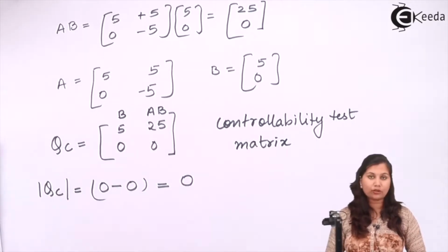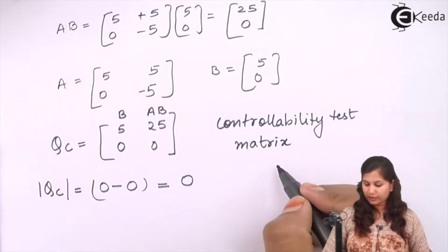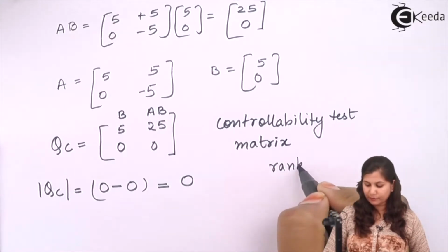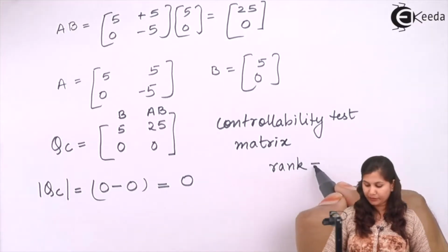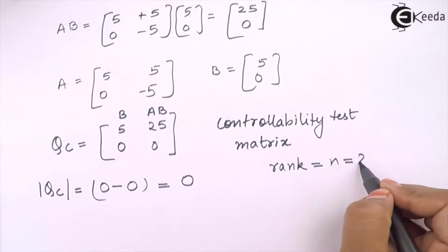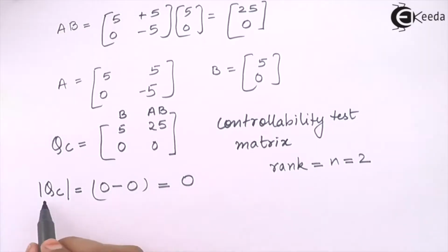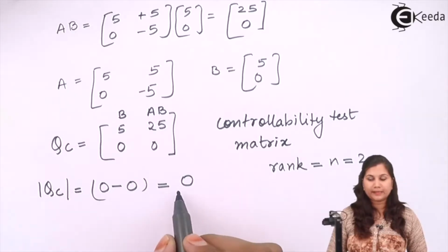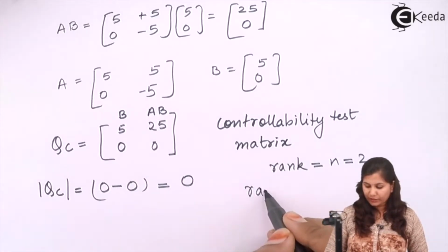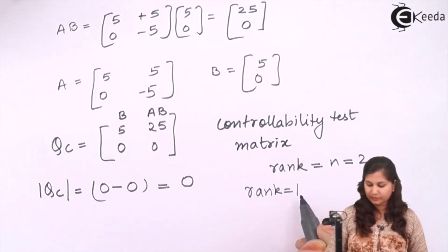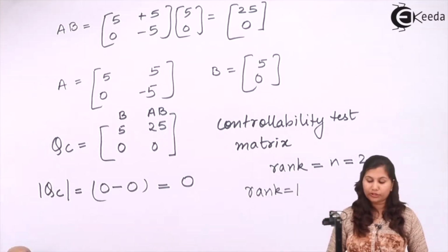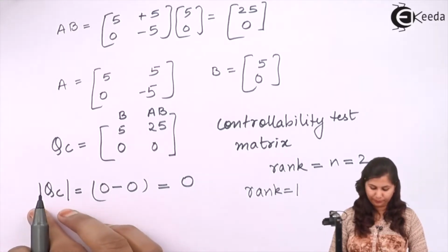So the rank is not equal to 2, because for a system to be controllable, the rank should be equal to n. n is here 2, but here the determinant is coming out to be 0. So the rank of this matrix is 1. It is not equal to 2. So this system is not controllable.